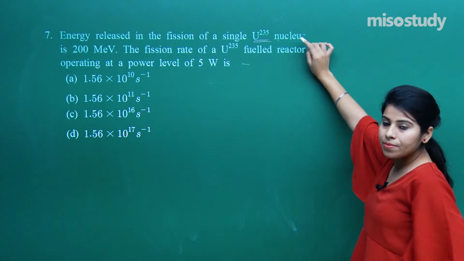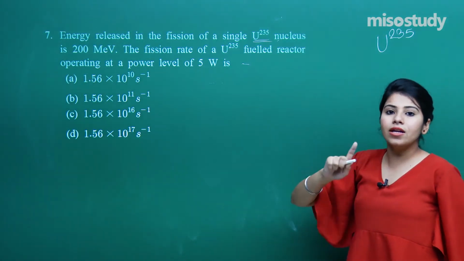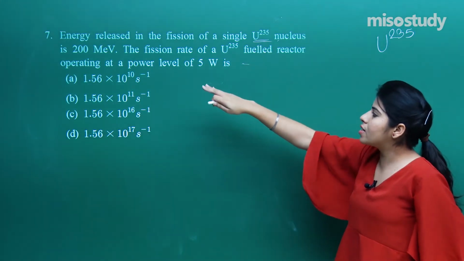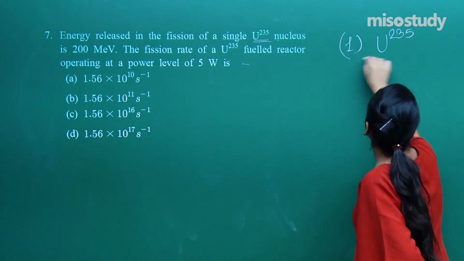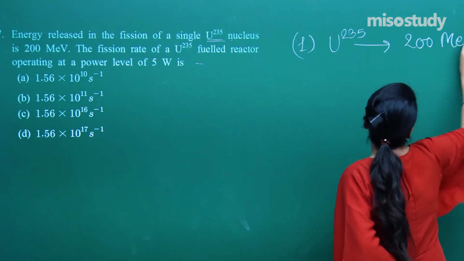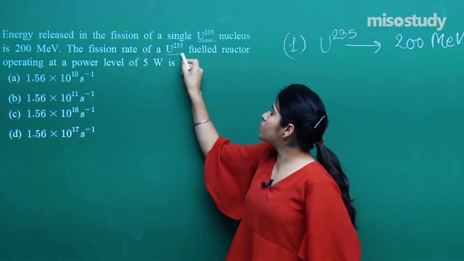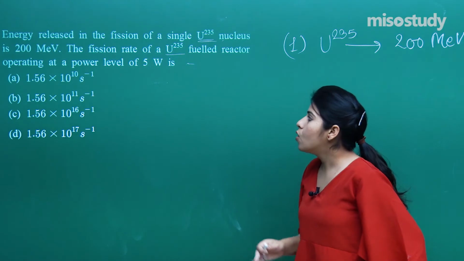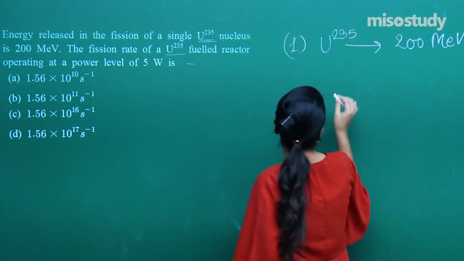From one single U-235 nucleus, the energy released is 200 mega electron volt. Now the fission rate of a uranium-235 fueled reactor operating at a power level is what?